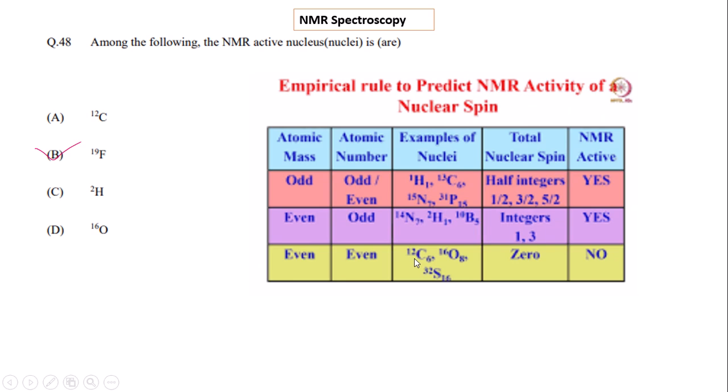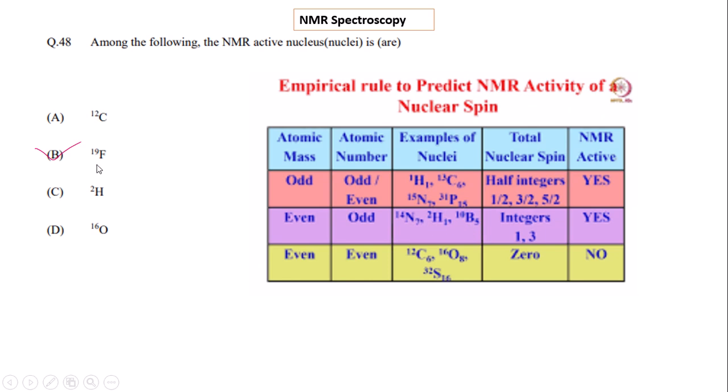That is, in the case of carbon-12, oxygen-16, and sulfur-32, all contain an even number of protons and an even number of neutrons. So here I equals 0, so it does not produce any spin state and hence it is not NMR active. But in the even-odd combination of the atomic number and the mass number, it produces 2I plus 1 spin states and gives NMR activity.